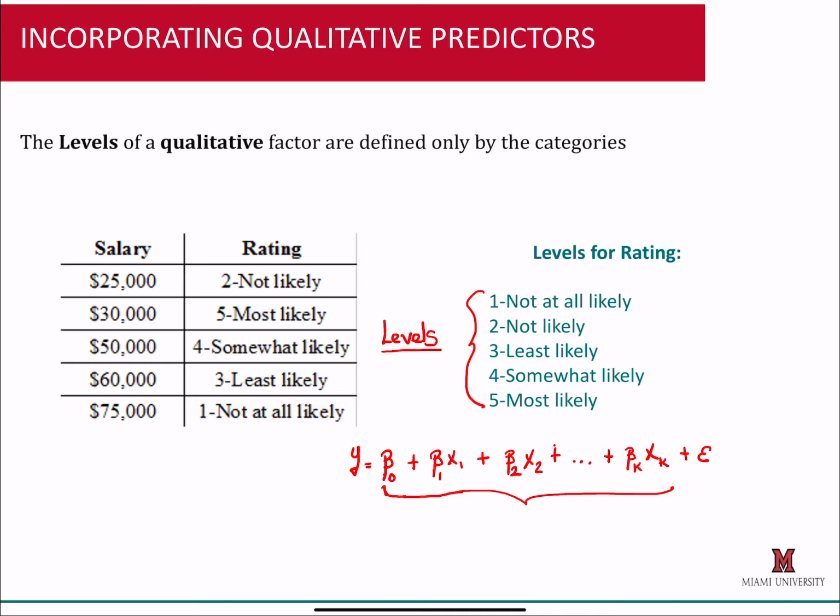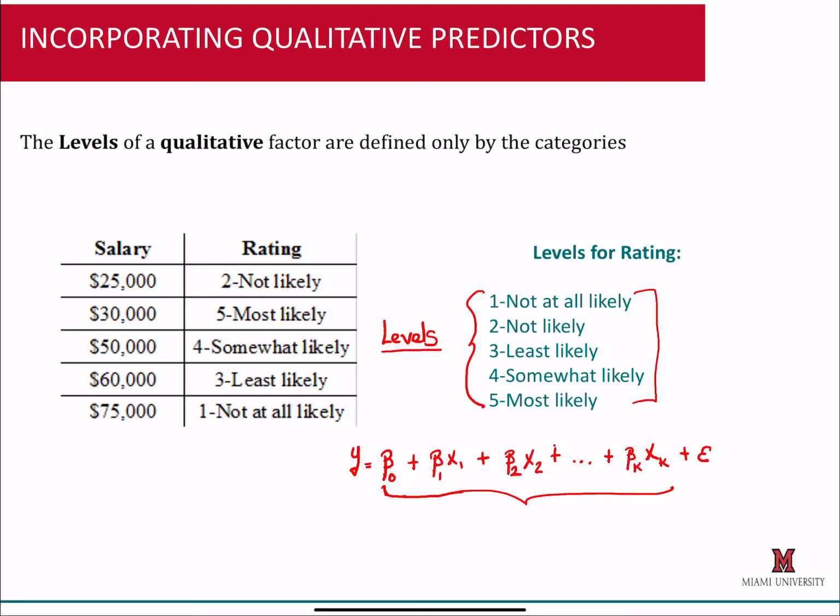To incorporate a qualitative predictor into a regression model, we need to find a way to transform them from categorical, which is the levels that they have are basically categories, into numeric values.